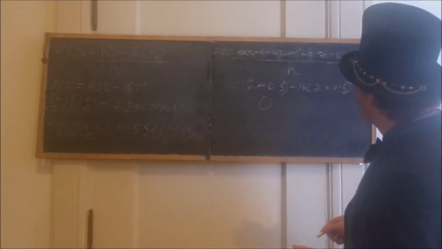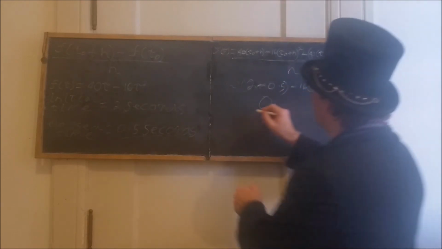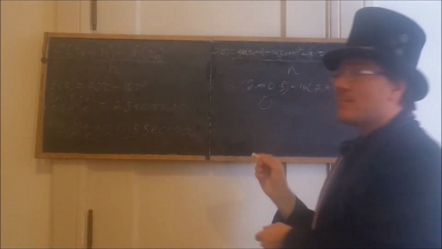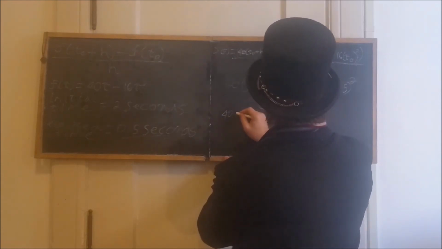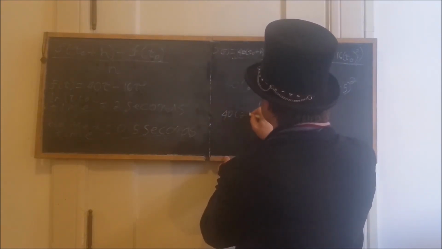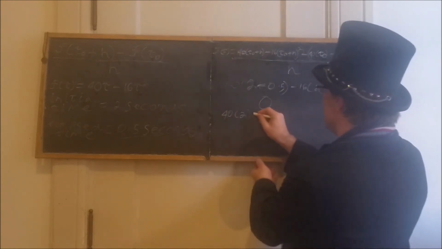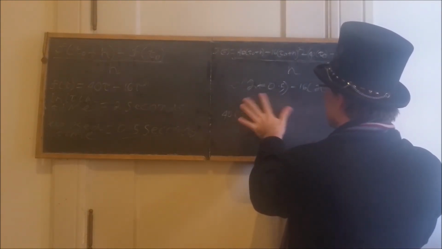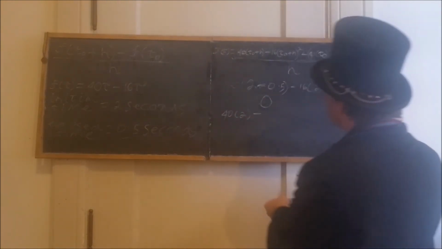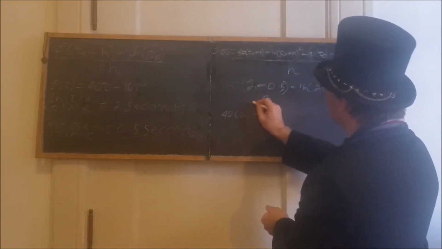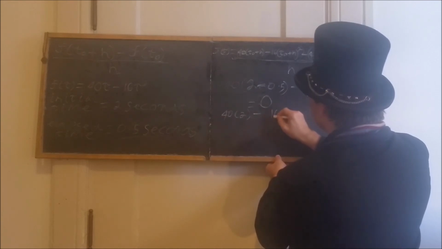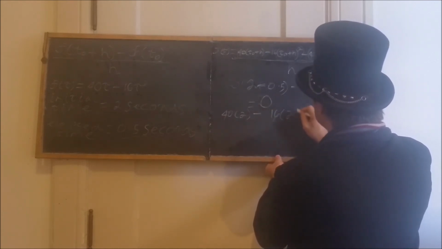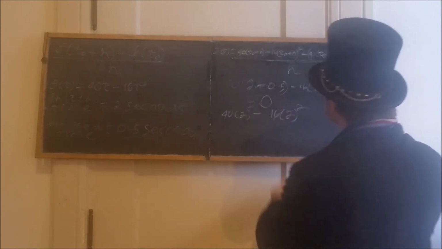0. Okay, so now we have, with this side of the minus sign, 40 times 2 initial time minus 16 times 2 squared.